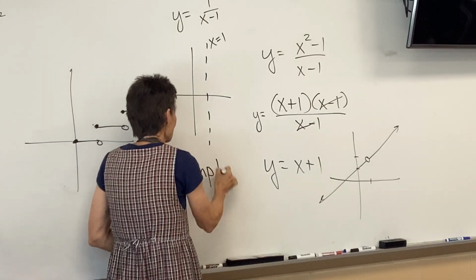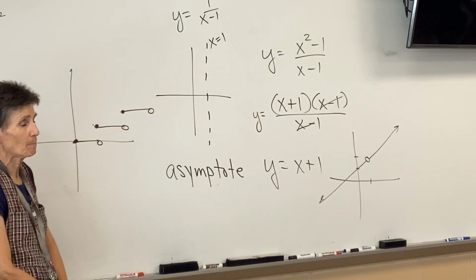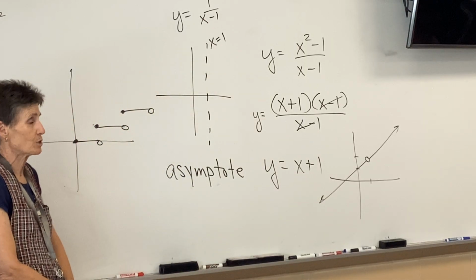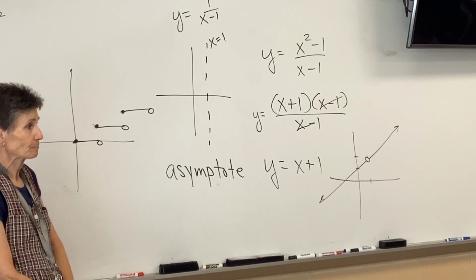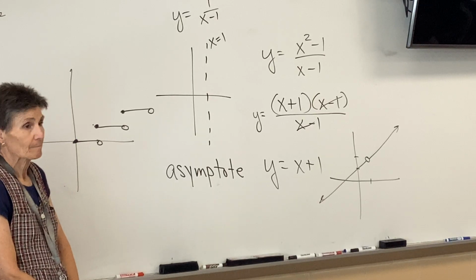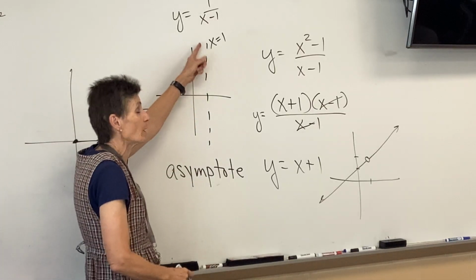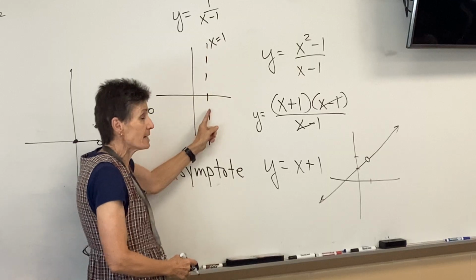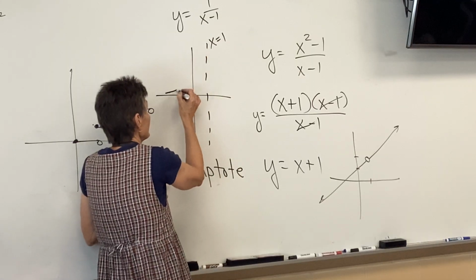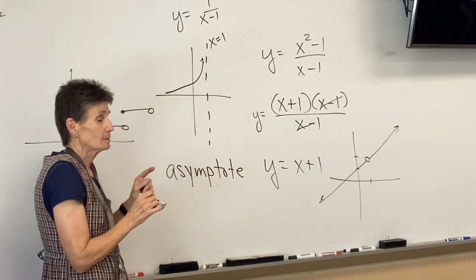The word asymptote has a P in it, but please don't say the P. It's asymptote. There's no P sounded. Okay? And a vertical asymptote, well, vertical means vertical, but an asymptote is a line that the curve will get closer to, but never touch.